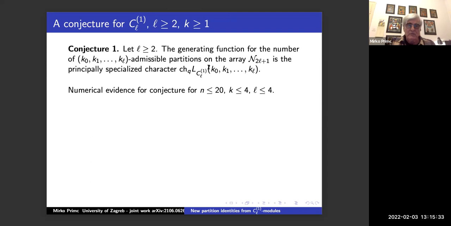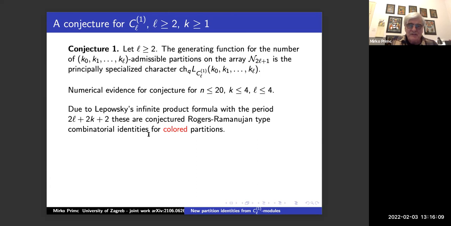As I said, we had a program and we could calculate things. The numerical evidence for this conjecture does not look impressive, but still it was a lot of calculations for certain n, k, and l. We can calculate admissible partitions, and we can calculate what comes from the specialized character, and it fits.